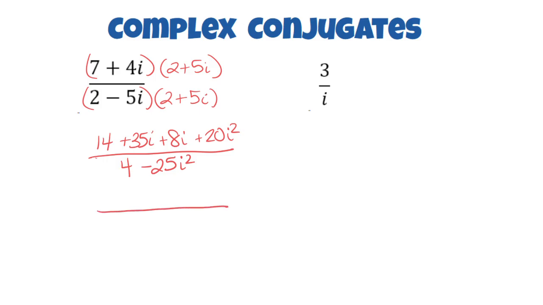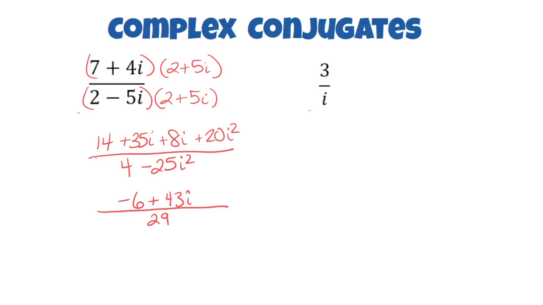Clean up our numerator. This is really negative 20 that I can group with the 16. That's going to be a negative 6. The 35 and 8 will combine to 43i. This becomes a plus 25. So then I have a 29 here.